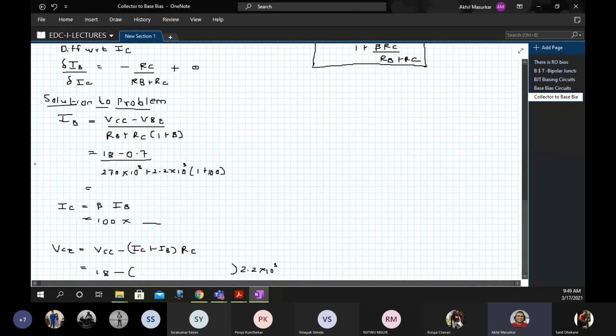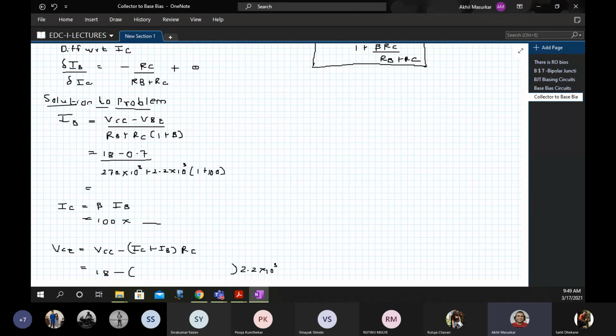Now you can see here, what is the value of IB? Can somebody post that value? 270 into 10 raised to 3 plus 2.2 into 10 raised to 3 into 101. 35.14.